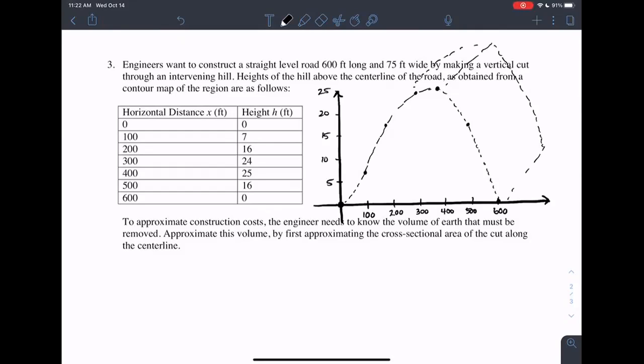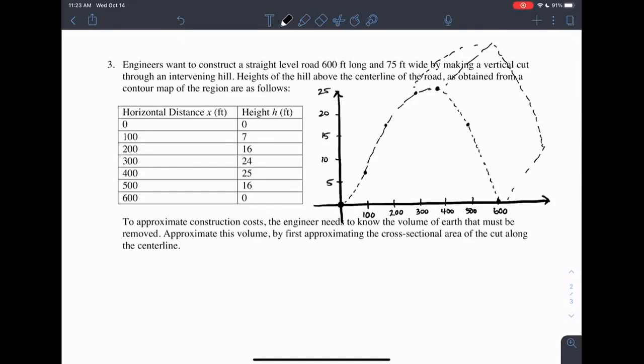Thanks, Aaron. Kind of. All right, so we're trying to chop through this dirt. Let's see what they asked. They want to know how much earth we're actually moving. So we're moving all of the earth under this thing. We're trying to approximate this volume.